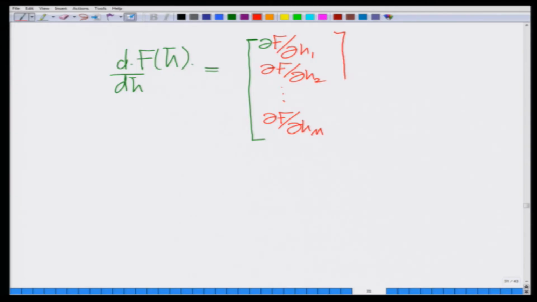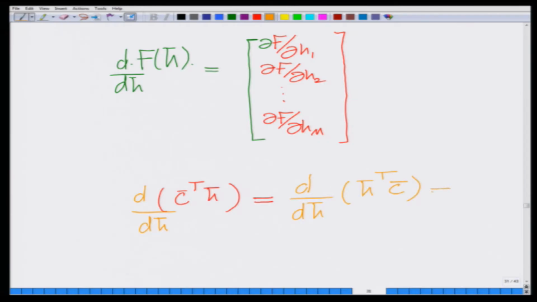So, what we have over here is the vector derivative, and we also proved the property that the derivative of c bar transpose h bar is equal to the derivative of h bar transpose c bar, which is indeed equal to the vector c bar.